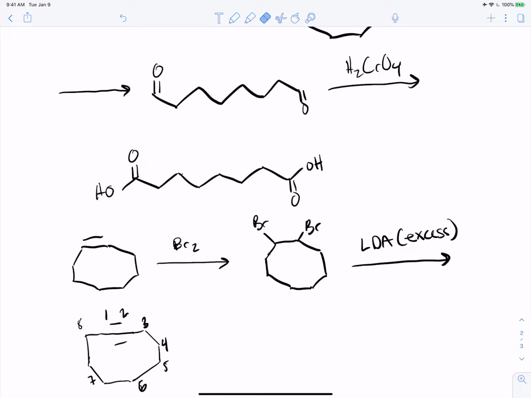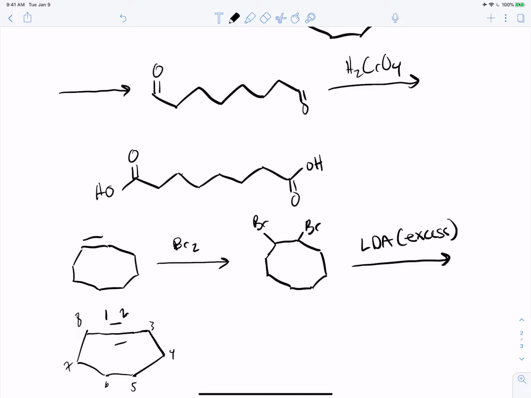Oh, I picked up an extra carbon. 7. I feel like I need to take an advanced art class to be able to teach this. All right. 1, 2, 3, 4, 5, 6, 7, 8. Okay, there we go.